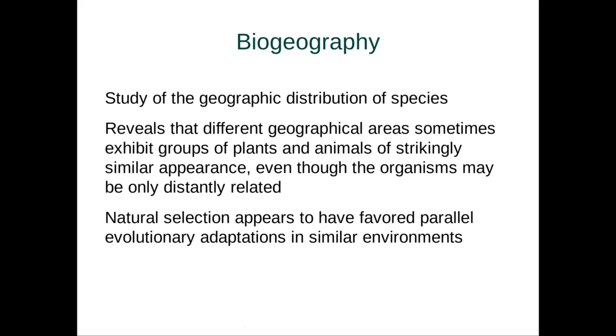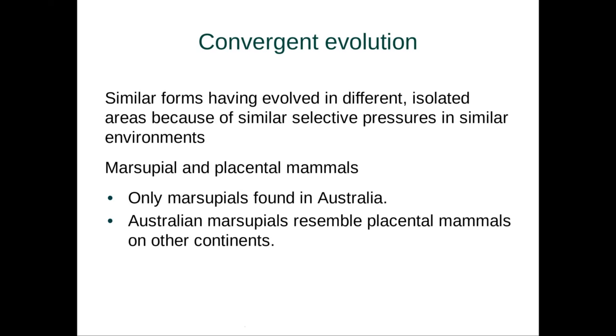Well, it implies that natural selection potentially favors what we call parallel evolution, or parallel evolutionary adaptations, in similar environments. So, the example I could give you for this, just as a quick example, is if you have a desert environment, cacti exist in the American Southwest, so the Chihuahuan Desert, and they also exist in the Gobi Desert in China.